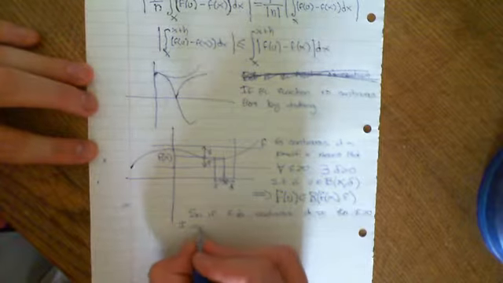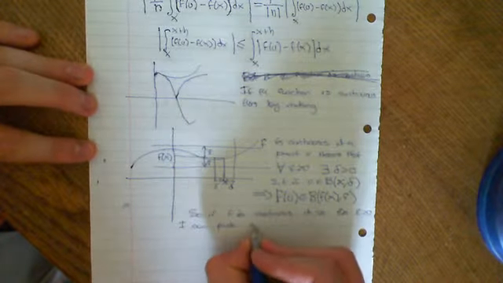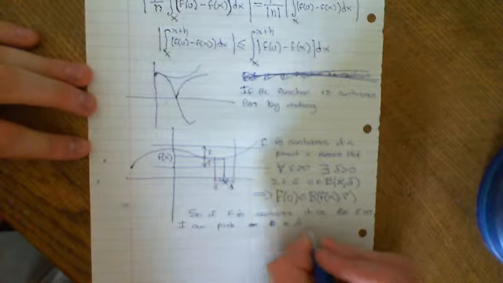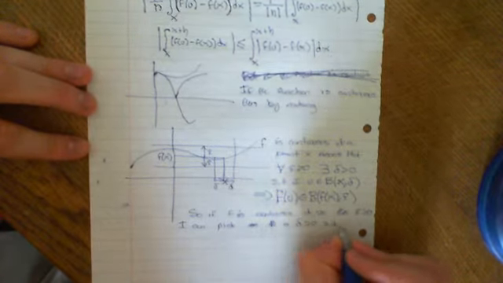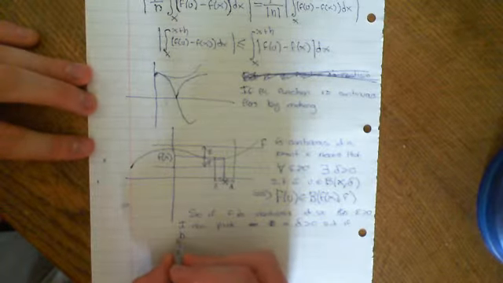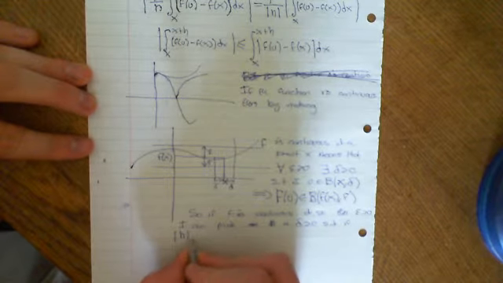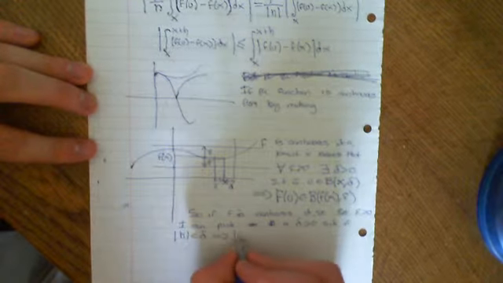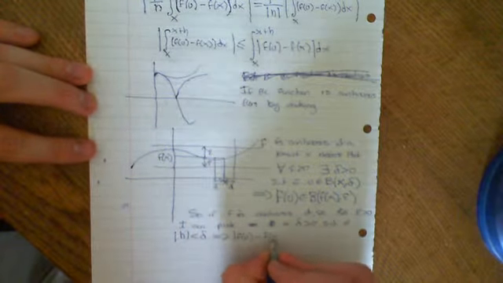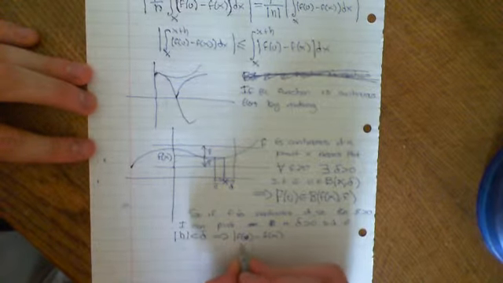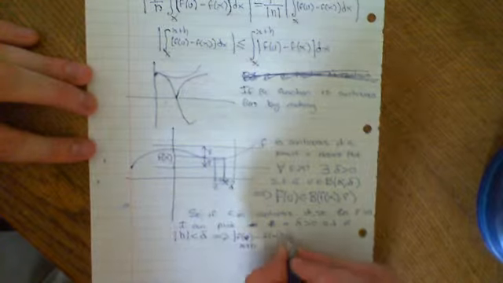I can pick an h, a delta, let's say, a delta greater than 0, such that if modulus of h is less than delta, then it implies that modulus of f of u minus f of x, this should be modulus of f of x plus h is less than epsilon. So let me just explain what I've just done.